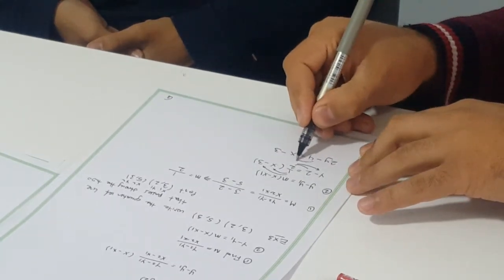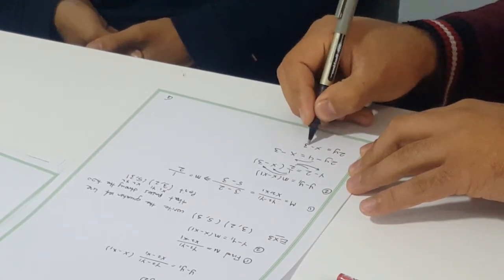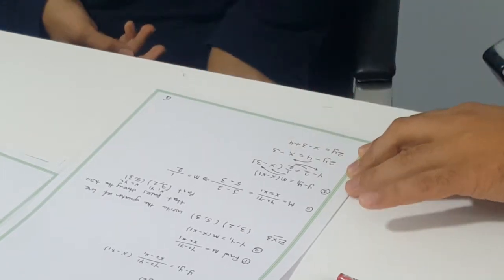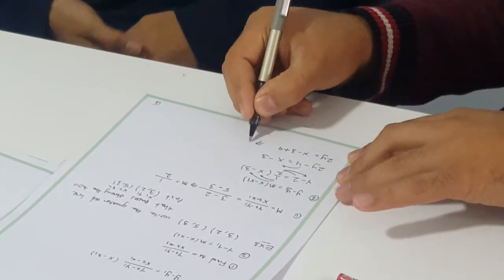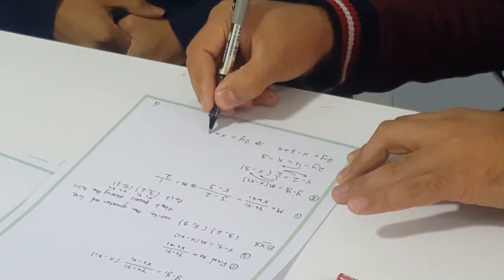So 2y is equal to x minus 3 plus 4, so 2y equals x plus 1.